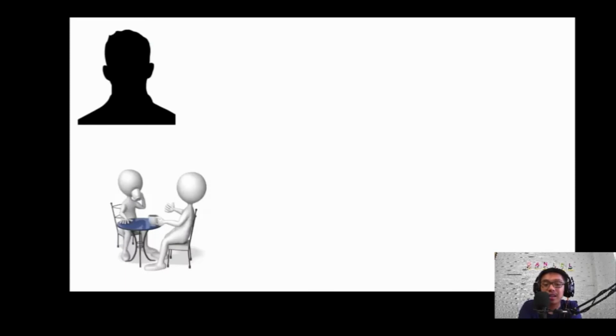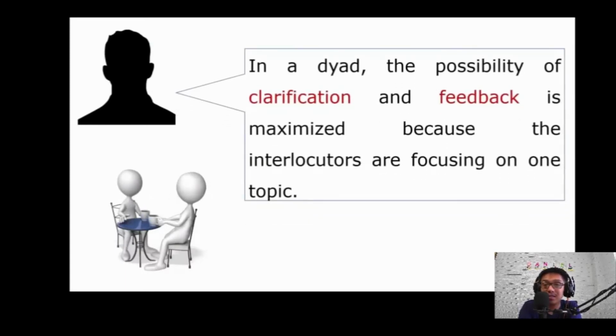Okay, there. Now, to discuss further, we have here additional information. It says here, in a dyad, the possibility of clarification and feedback is maximized because the interlocutors are focusing on one topic. Since you are talking to only one person, then that means that there is a limit. You can limit the topics that you are talking about. And clarification is maximized because you can clarify misconceptions immediately.